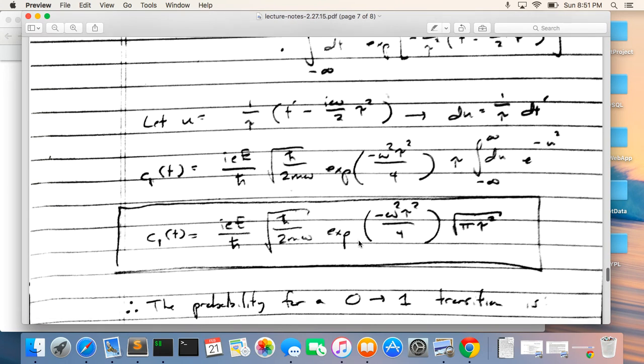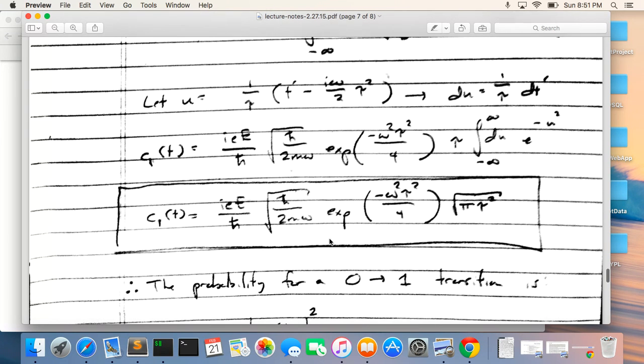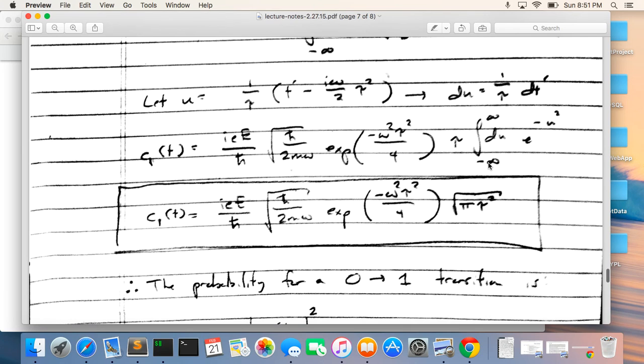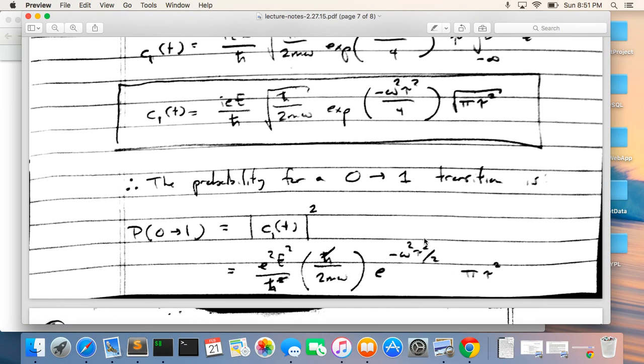So you can see what happens. The reason that we took t initial to minus infinity and t final to plus infinity is so that we can get something here that doesn't really depend on time. It's a much later time, and the time dependence drops out basically because it's an exponentially decaying perturbation.